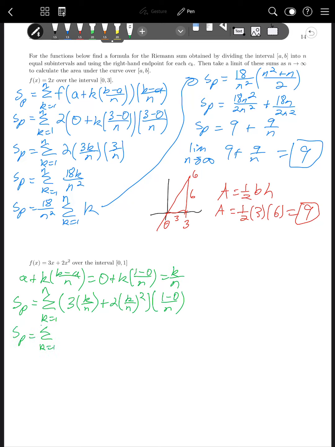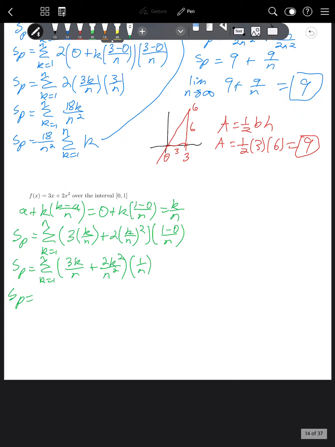If I multiply inside, I get 3k over n plus 2k squared over n squared times 1 over n, and then I can distribute. So S sub p equals the sum from k equals 1 to n of 3k over n squared plus 2k squared over n cubed.